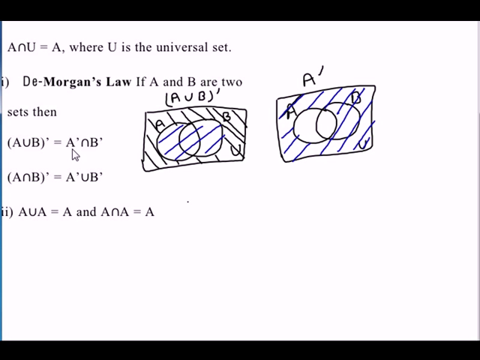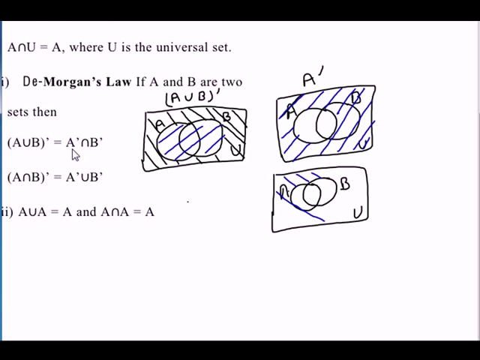And now let's look at what is B complement. So I draw my two sets again. This is A, this is B, and this is my universal set. So B complement would be everything that is not in B. So the area represented by these blue lines again.